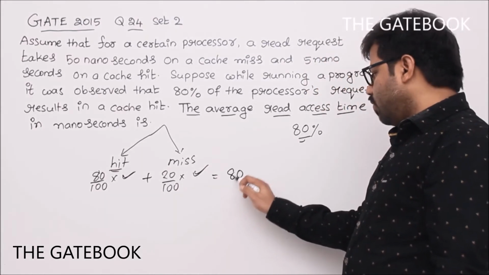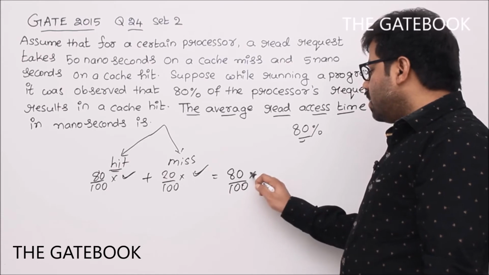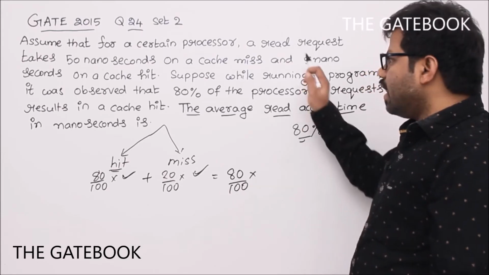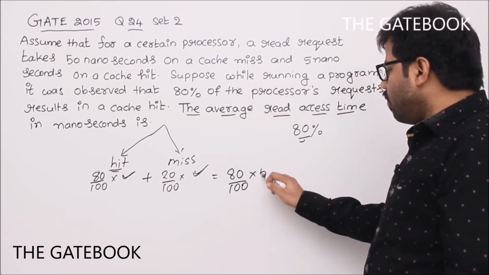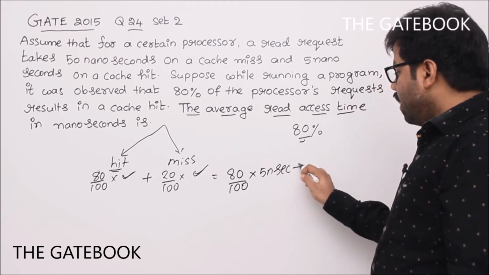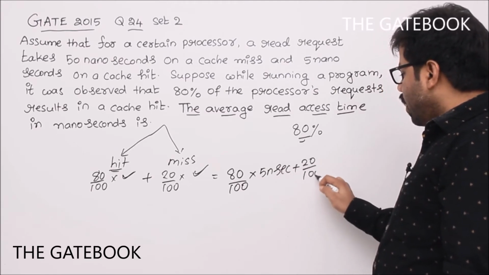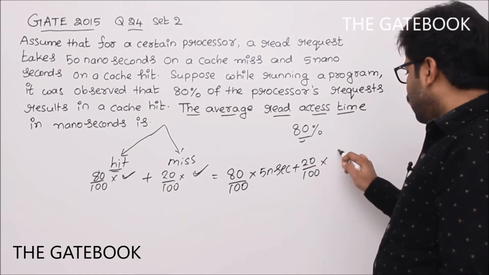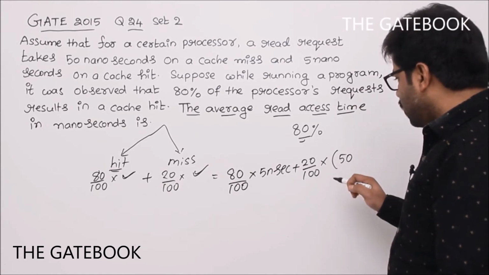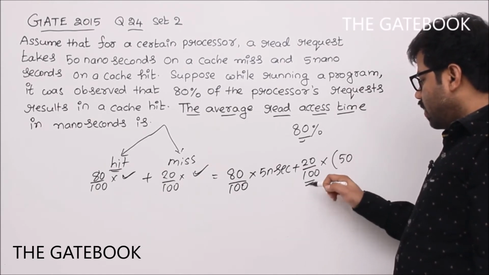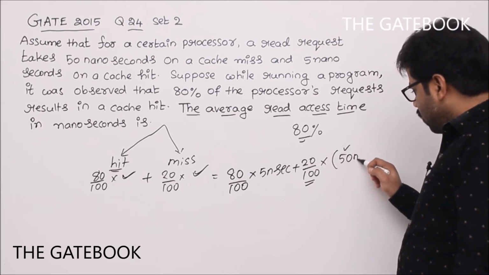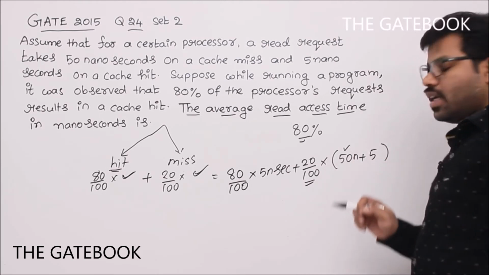So 80% of the time we will be investing only 5 nanoseconds, as clearly mentioned. And 20% of the time we are investing 50 nanoseconds. Some students will have this doubt: sir, 20% of the time we have to invest 50 nanoseconds plus 5 nanoseconds. That is wrong.